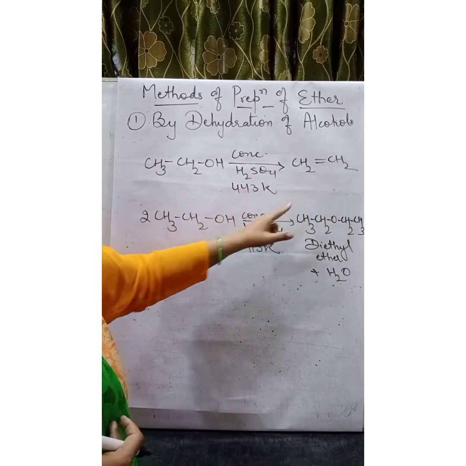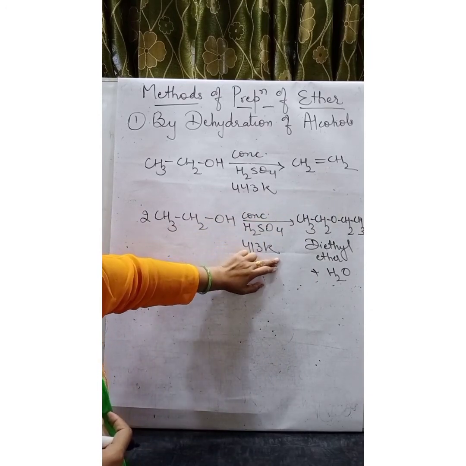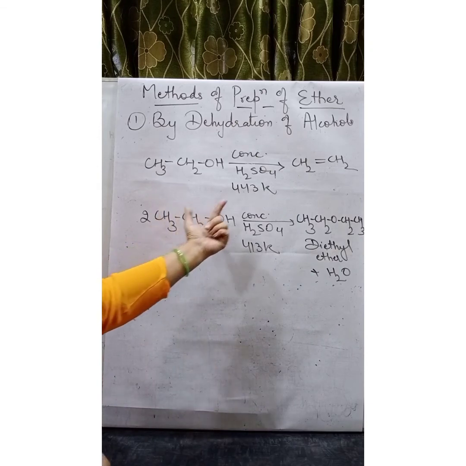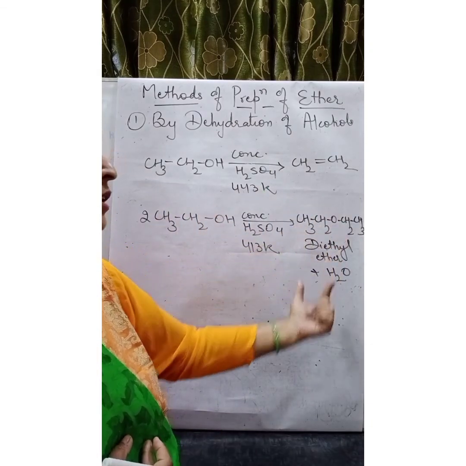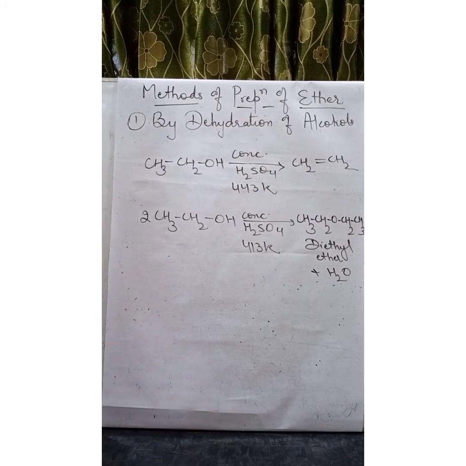But if the temperature is low at about 413 Kelvin, then 2 molecules of alcohol combine together to form an ether. Let us study in detail the mechanism of dehydration of alcohol to form ether.